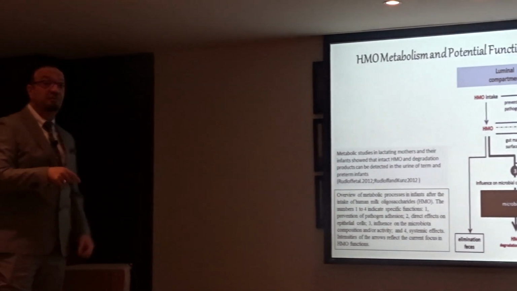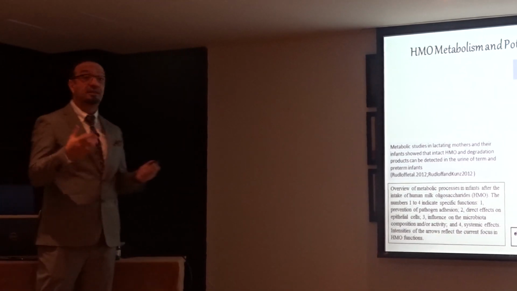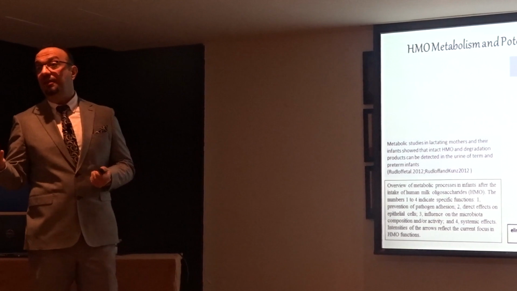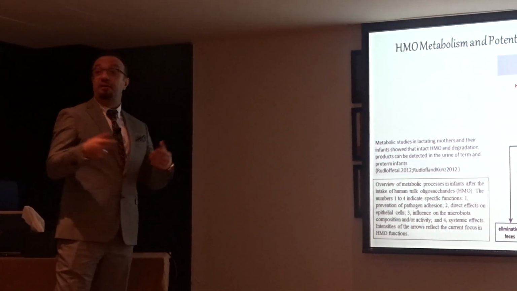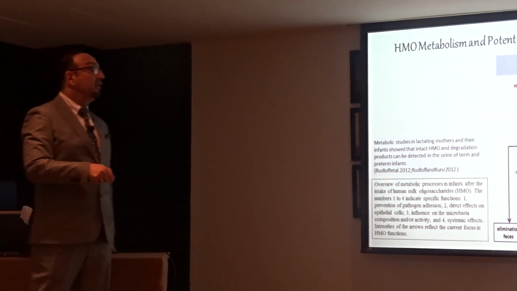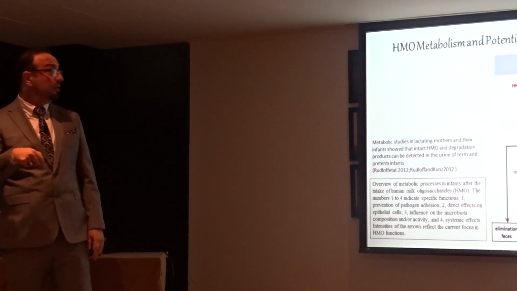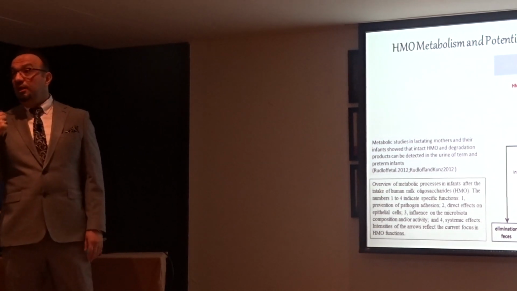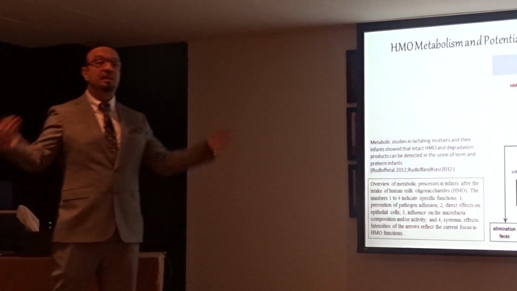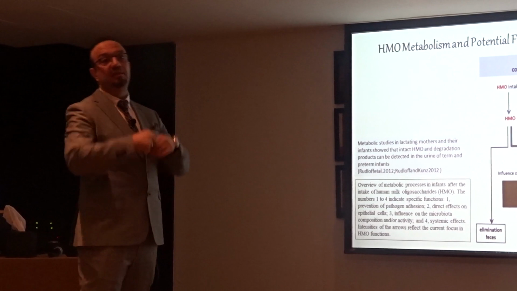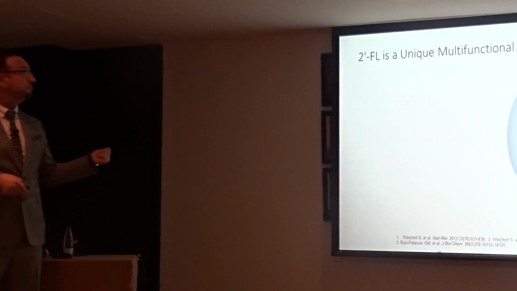And in the colon, there is fermentation by the gut microbiota and enhanced growth of the beneficial bacteria, and this is what's called the bifidogenic effect or a prebiotic effect. And nearly 1% or less than 1% is excreted in the urine. For that reason, it's believed that human milk oligosaccharide has a systemic effect because it's partially absorbed in the blood, and it has some systemic effect, as we will see in the next slide.